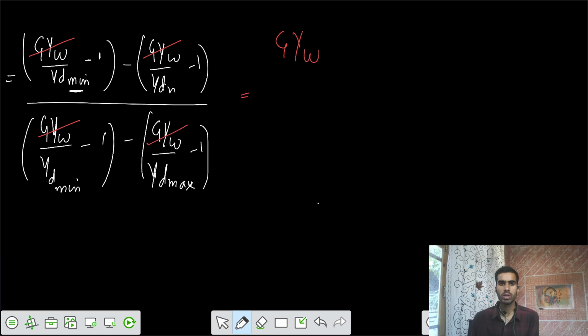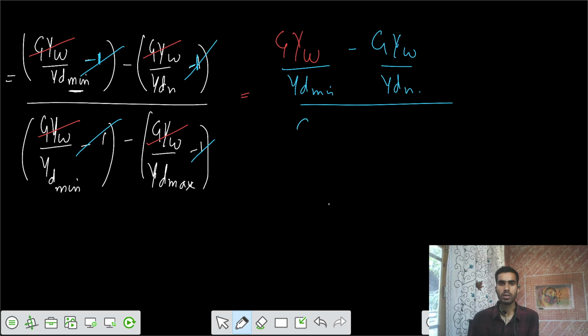In both the terms we have G gamma W, and we can cancel the 1 because this is minus 1 and here we have minus of minus 1, so that part gets cancelled. You are only left with G gamma W by gamma d minimum minus G gamma W by gamma d natural. Similarly in the denominator, G gamma W divided by gamma d max. So we can cancel the G gamma W now.